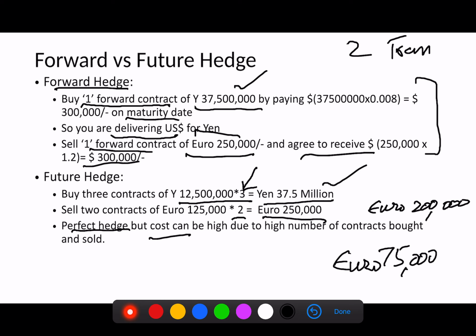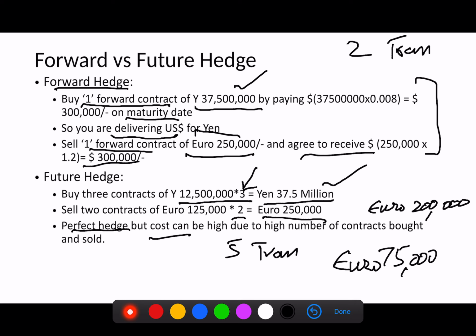In the future hedge there are 3 contracts of the Japanese yen to buy, the 3 future contracts which allow you to get 37,500,000 Japanese yen units, and then 2 contracts where you are selling the 250,000 euros. So there are 5 transactions involved over here in case of future hedge. So now you need to see what the commission is over here.